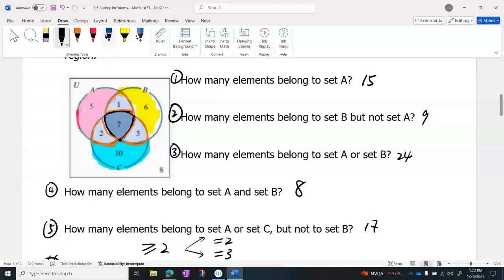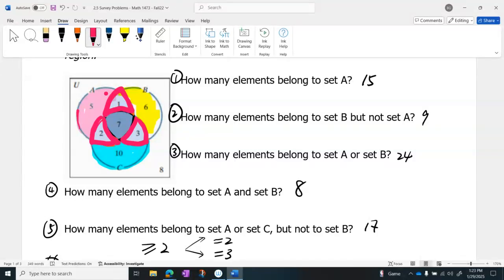For example, this region includes the elements in A and B only, not C. Here, the elements belong to A and C, but not B. And in this petal, the 3 elements belong to B and C, but not A. So the elements in those 3 petals belong to exactly 2 sets.